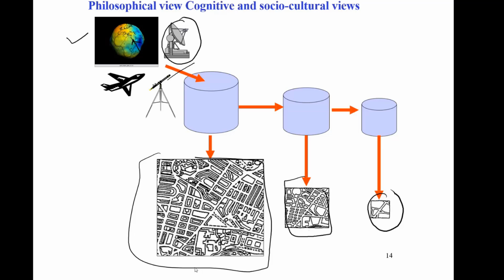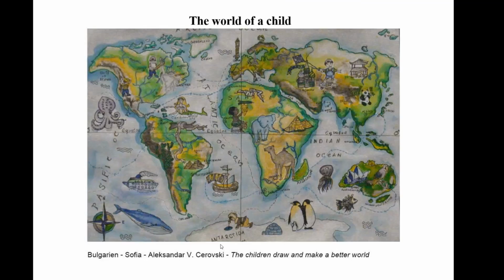So for example, if someone asks a child how they would draw the whole world, what he can see is fish, ships, different kinds of pandas, penguins, and then cats and different turtles and elephants and camels, etc. So this is his world, okay?